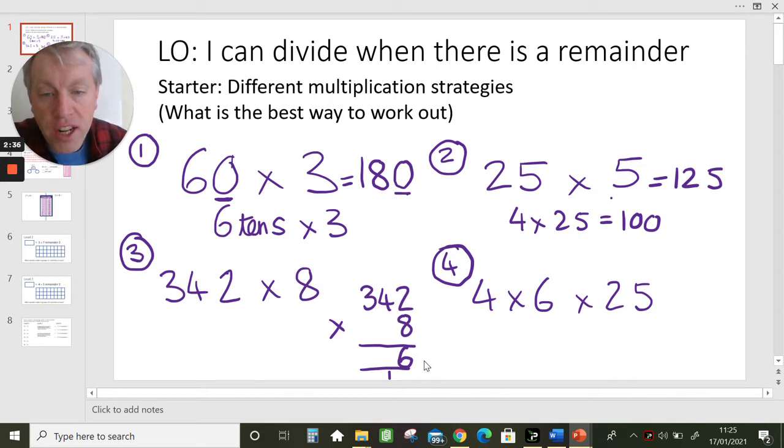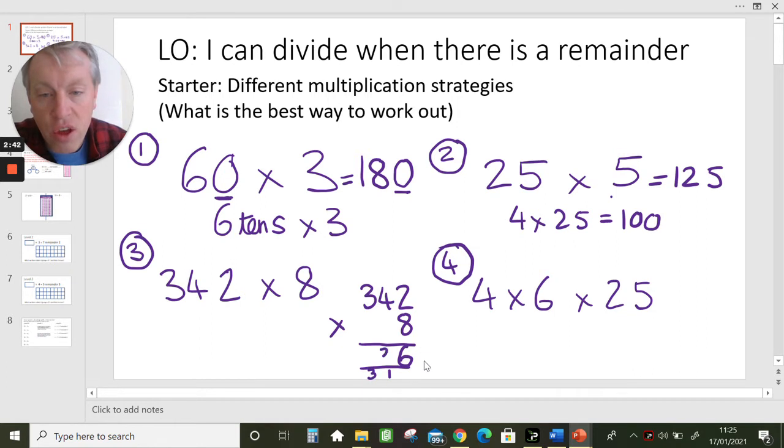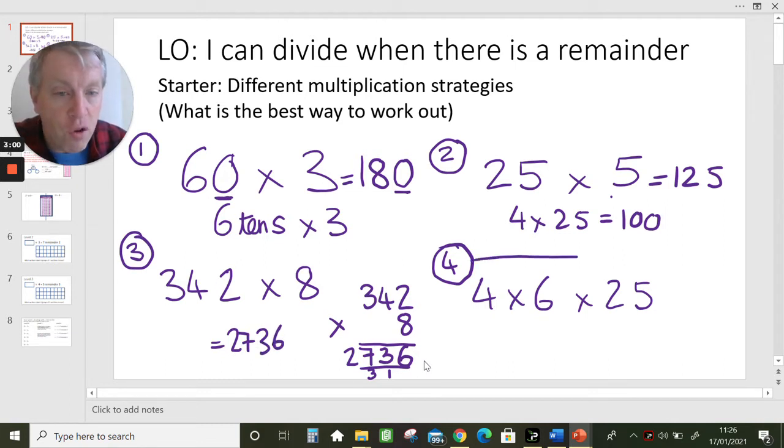Oh, 32, add the 10. 32 tens, add 10, 33 tens. 3 times 8 is 24. Add the 3 is 27. So our answer is 2,736.